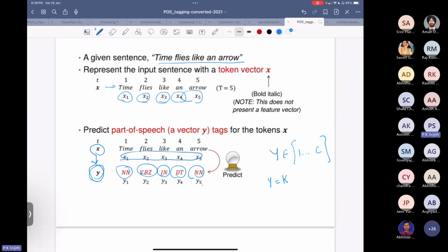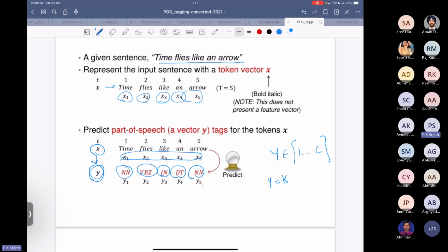But in problems like part of speech tagging or named entity recognition, you have to predict multiple output labels, and there is some structure in those output labels.